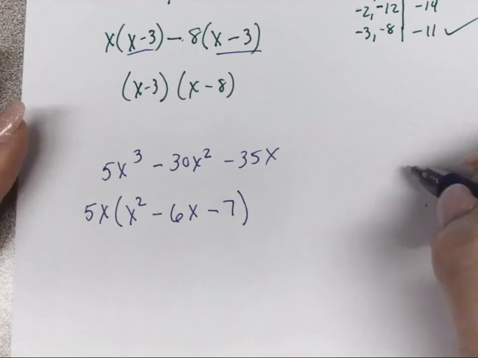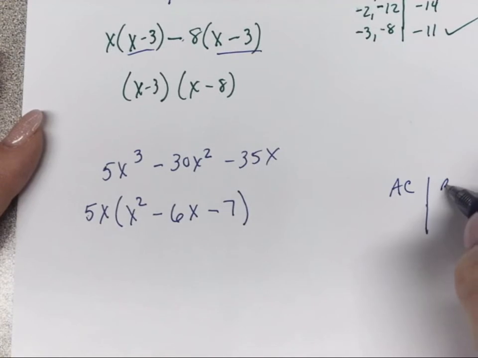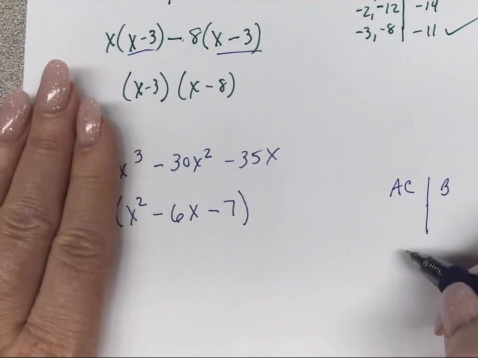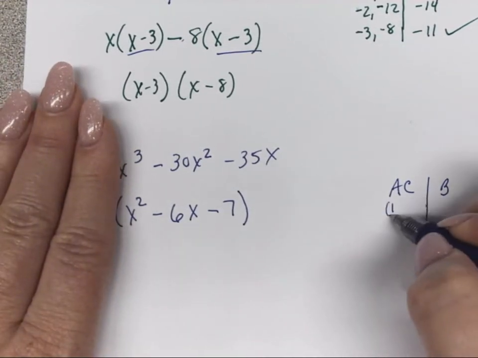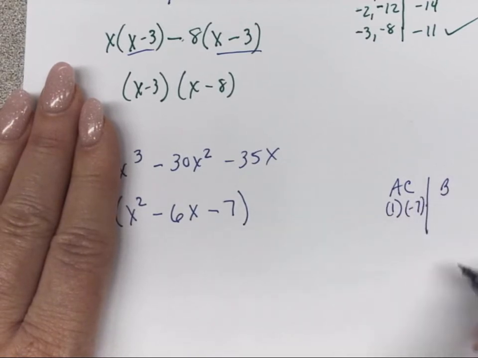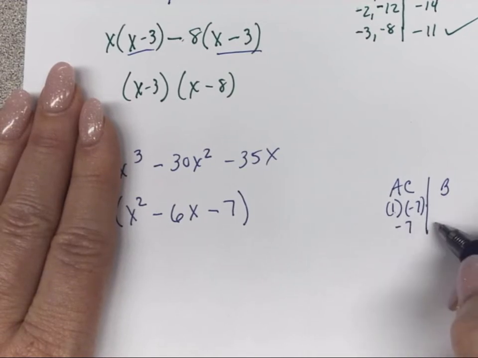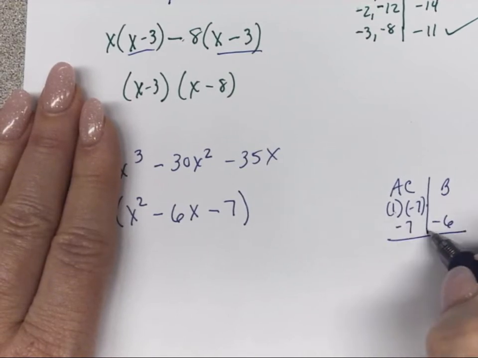So I'm doing my AC method here. I have a times c trying to get to b. So I'm not worried about the 5x at this point. My a is 1. My c is negative 7. So 1 times negative 7 is negative 7. And my b is negative 6.